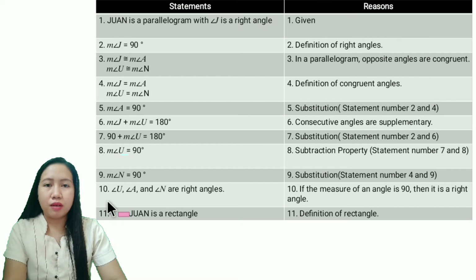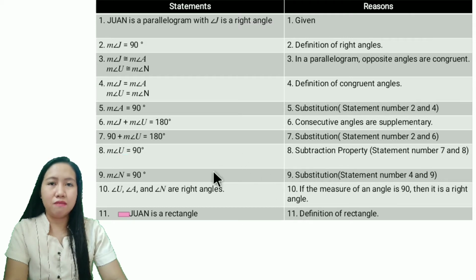Number 10, angle U, angle A, and angle N are right angles. The reason: if the measure of an angle is 90 degrees, then it is a right angle. Therefore, in statement number 11, JUAN is a rectangle by definition of rectangle. So that is an example for proving a rectangle.